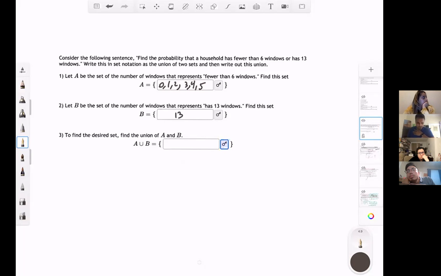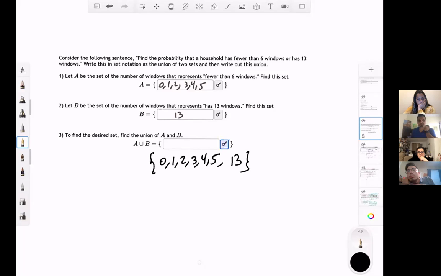What is A union B? Would it be 0 through 5, comma, then 13? Can we do that or no? Would it be 0 through 5 from set A and then comma 13? What's wrong with this?